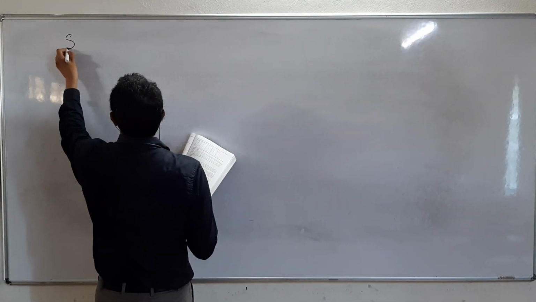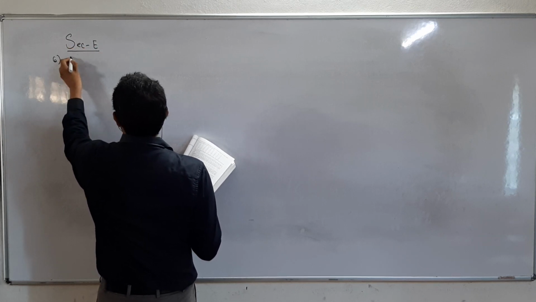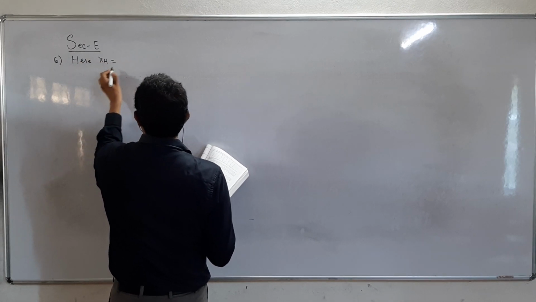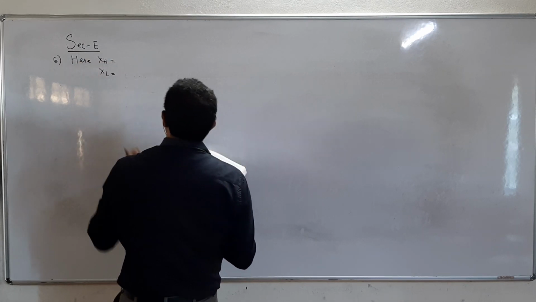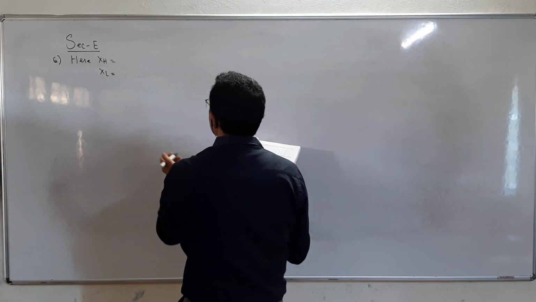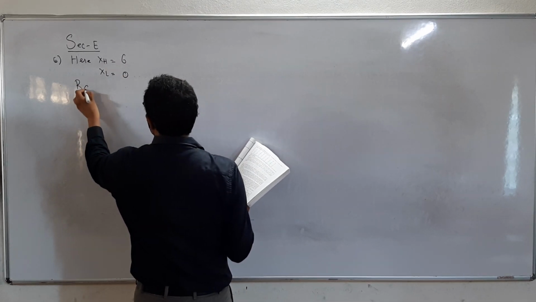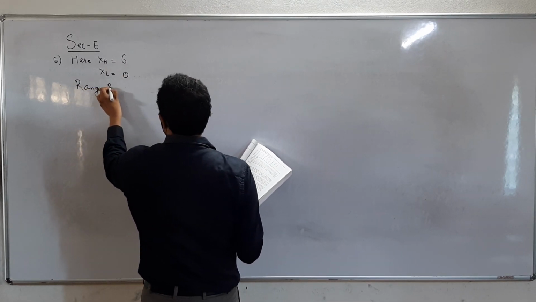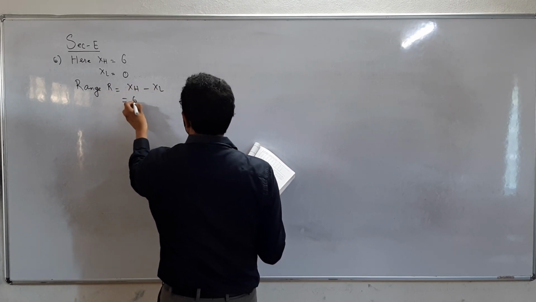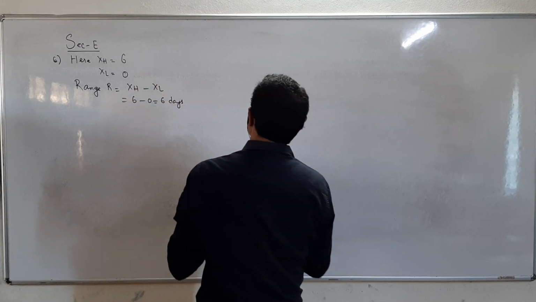Section E, sum number 6. Here, first of all, we will find XH and XL. The highest observation is 6 and the minimum is 0. So range R is equal to XH minus XL, 6 minus 0, and that is nothing but 6 days.